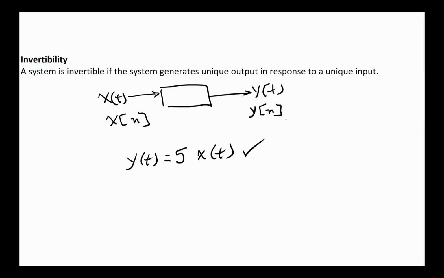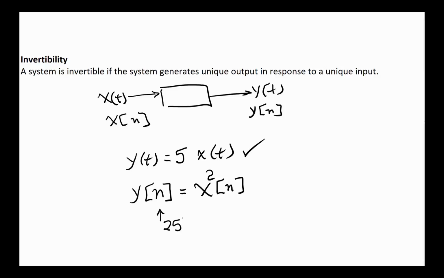Let's take one that may not be. For that, I'll take a discrete one just to have another example. How about y of n equal to x of n squared? Let's say someone tells us y of n is 25.